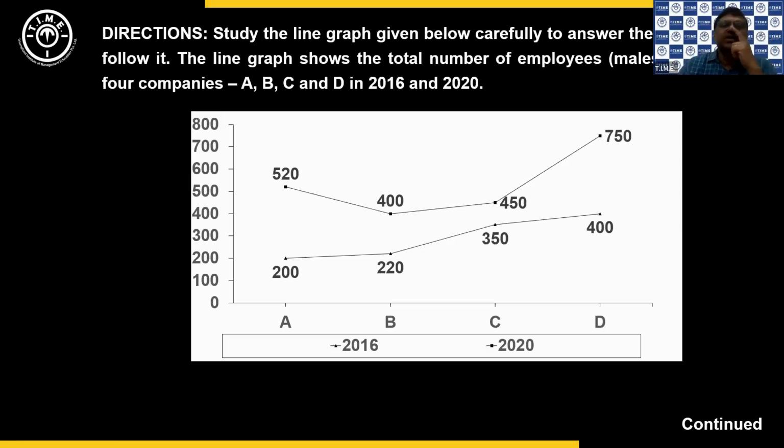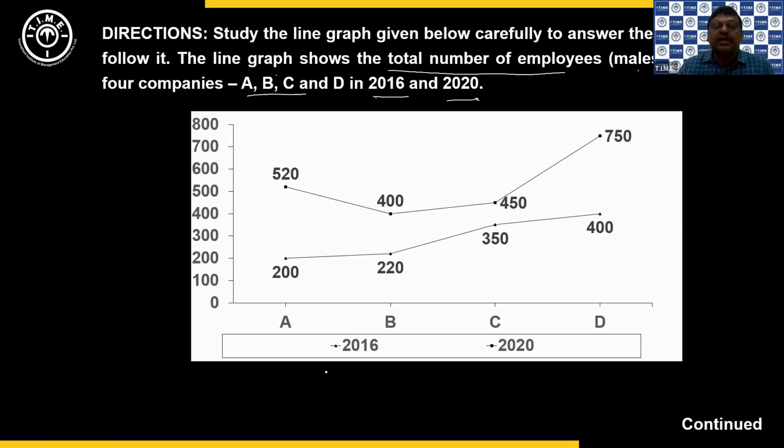Students, this is interesting. Study the line graph given below carefully to answer the questions that follow it. The line graph shows the total number of employees, both males and females together, in four companies A, B, C, D in 2 years, 2016 and 2020. The one that is connected by this legend is a triangle symbol.